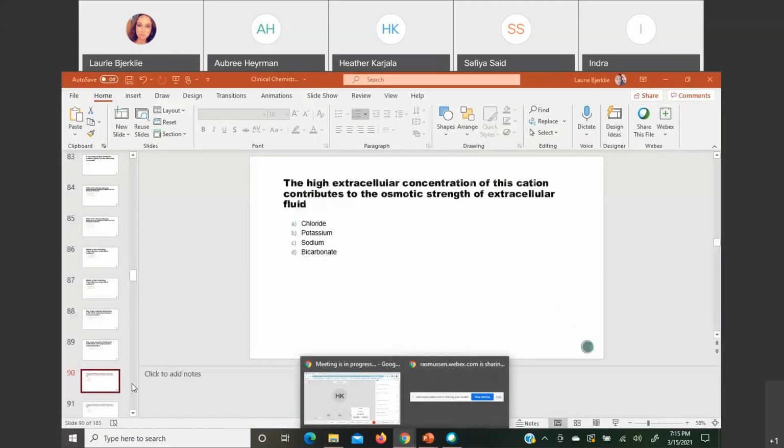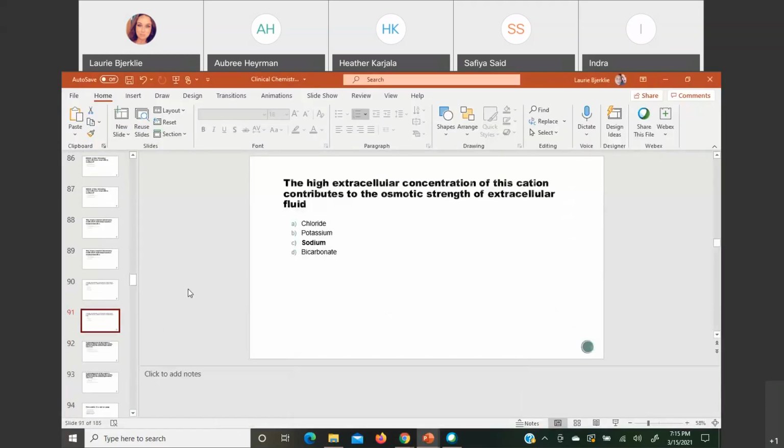Okay, I think everybody's answered this one too, and it is sodium. So that's its main definition and main function. Sodium is our main cation in the extracellular fluid, and it definitely does contribute to the osmotic strength of it.